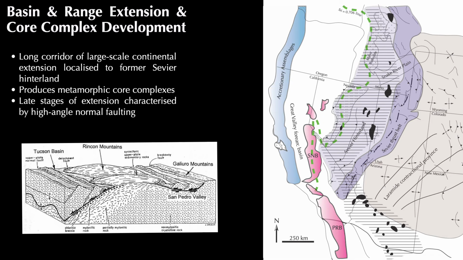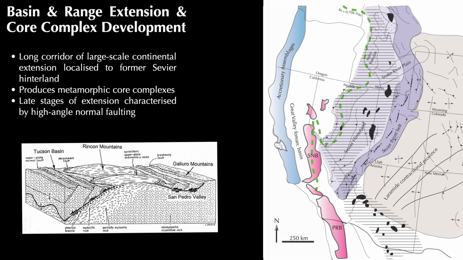As we discussed in an earlier lecture, this basin and range extension produces both high-angle normal faults that define the basin and range topography, but it also produces these low-angle normal faults that bound metamorphic core complexes where the middle crust is exhumed.